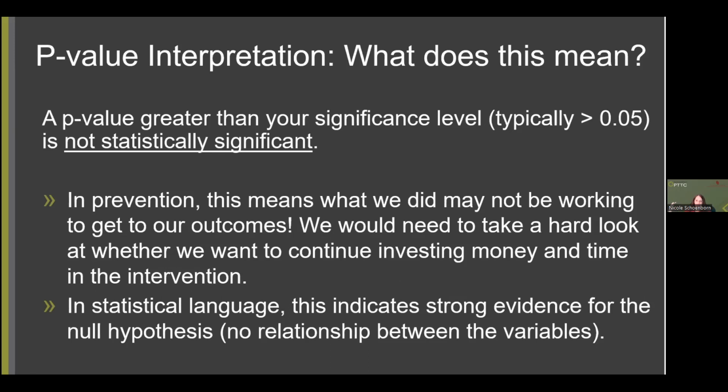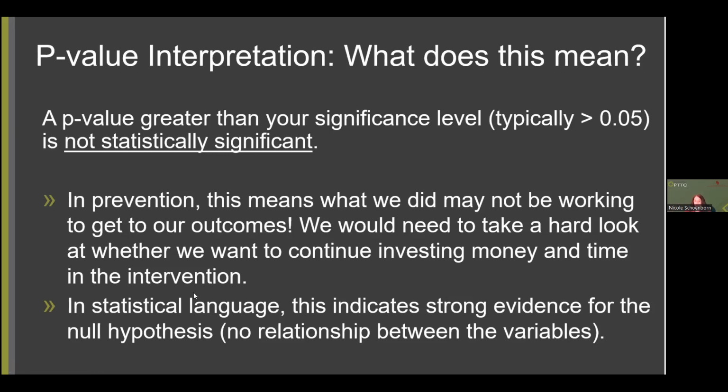So in prevention, this means that what we did may not be working to get to our outcome. So we've got to take a look at this. We would want to see if we want to continue this program. Do we want to keep investing money in the intervention? So that's why this matters.